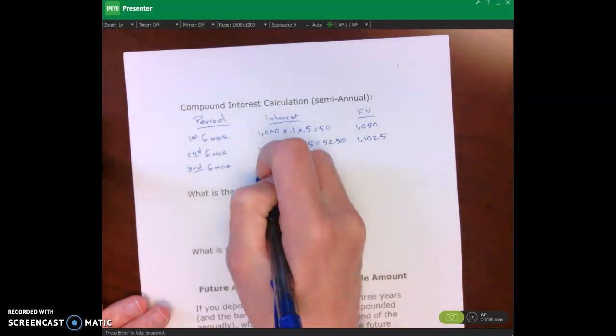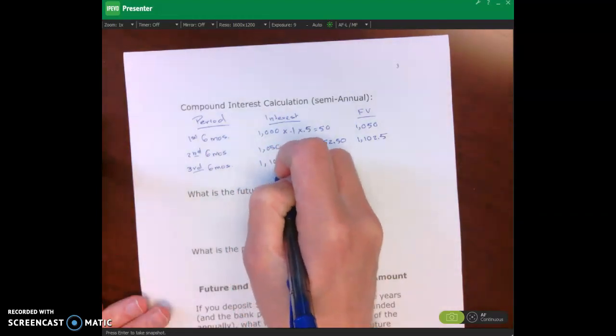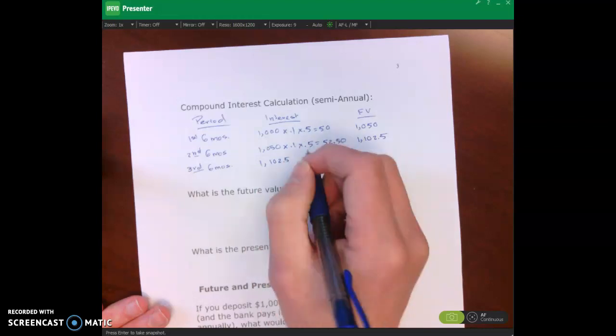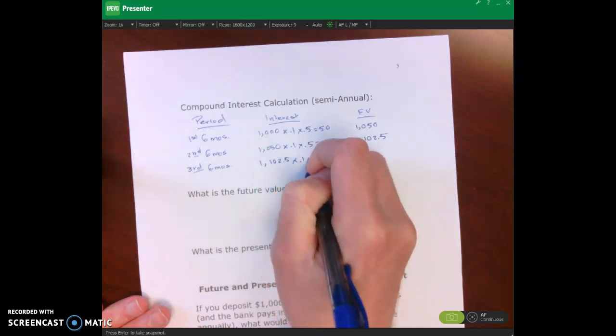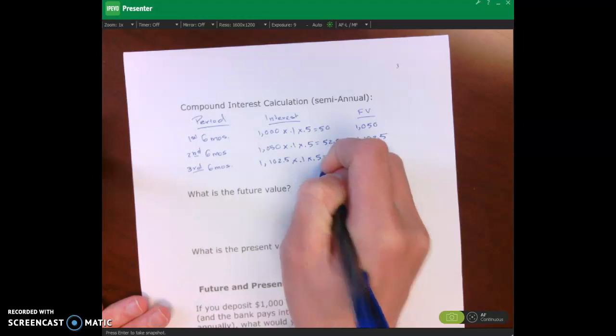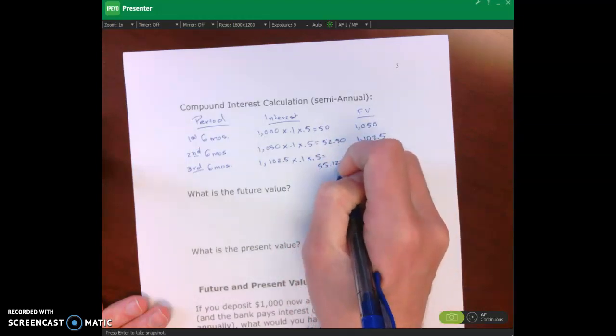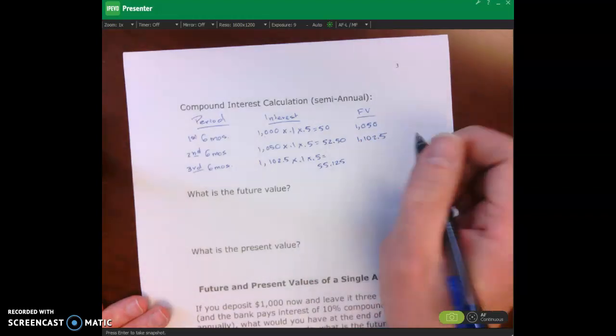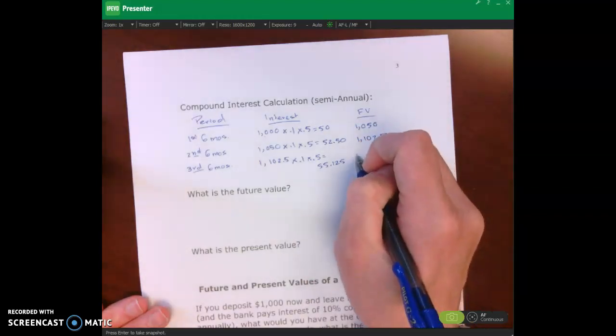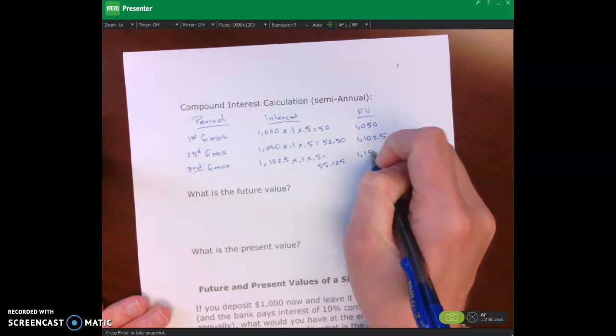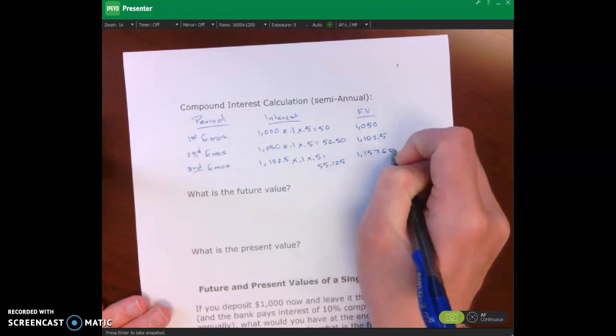And here's where I'll end, because I think you get the gist after this. I'll take my 1,102.5 times my 0.1 times my 0.5, 55.125, and then it gives me 1,157.625.